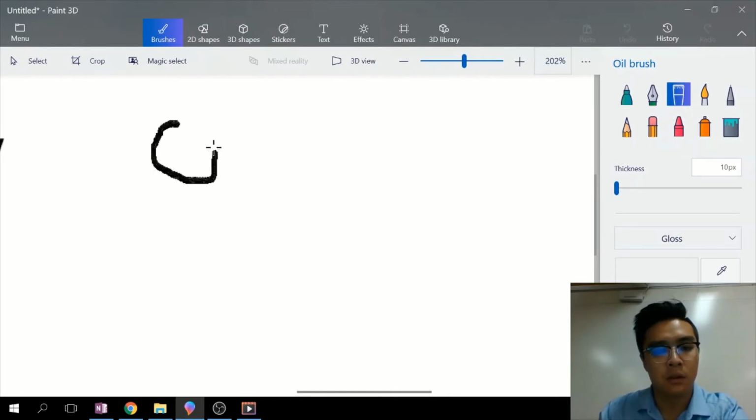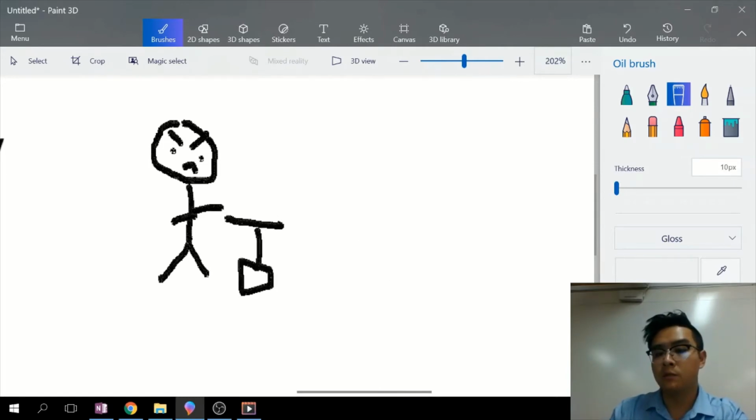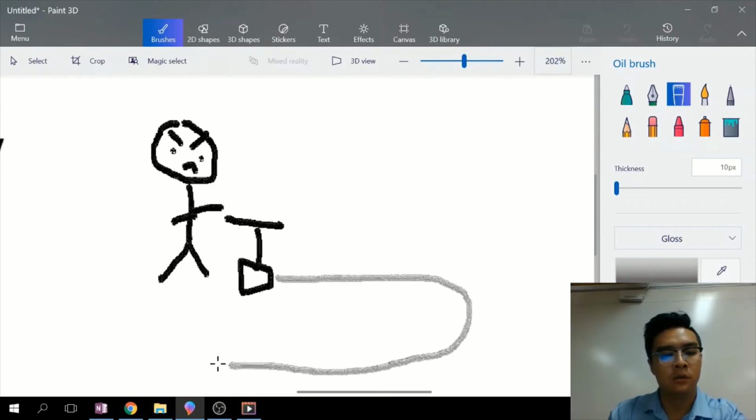This is me, who's very angry, and I have a water pump. Attached to the water pump is a hose that goes around and loops back here. So water flows through the hose around and comes back to the pump, and it keeps going around and around.